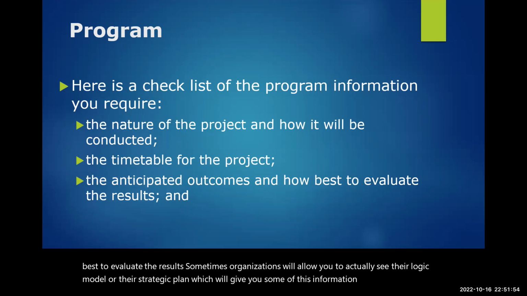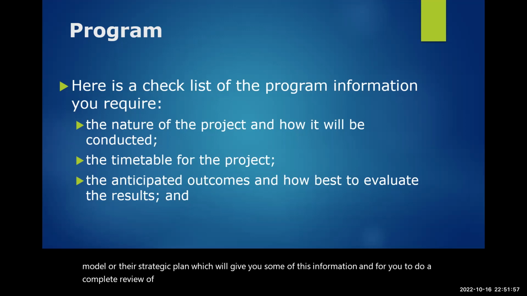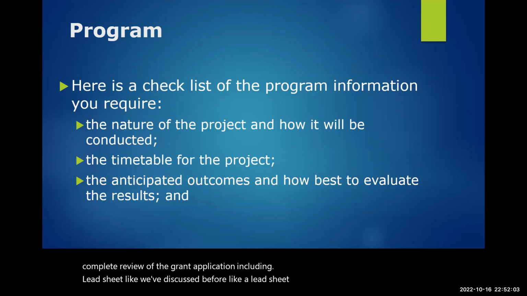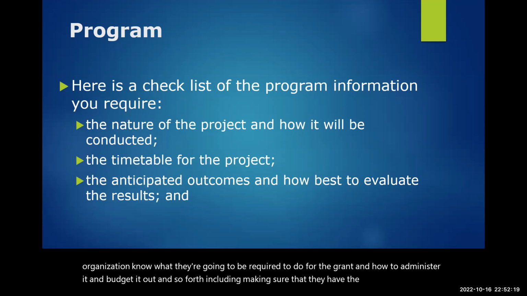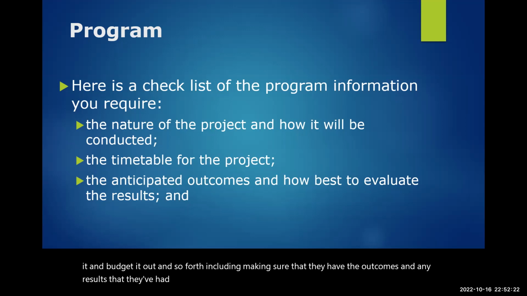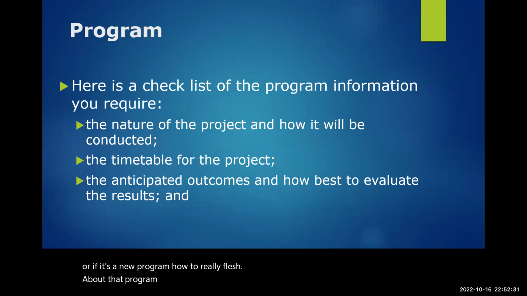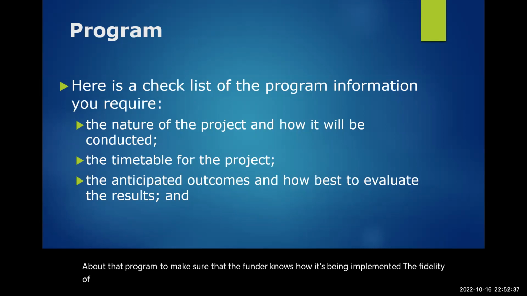And you should do a complete review of the grant application, including a lead sheet, like we've discussed before, so that the organization knows what they're going to be required to do for the grant and how to administer it and budget it out and so forth, including making sure that they have the outcomes and any results and achievements they've had around the program previously, or if it's a new program, how to flesh out that program to make sure that the funder knows how it's being implemented, the fidelity of the program, is it evidence-based?